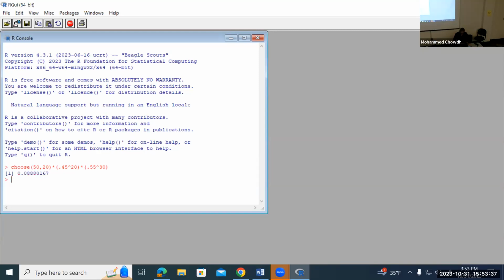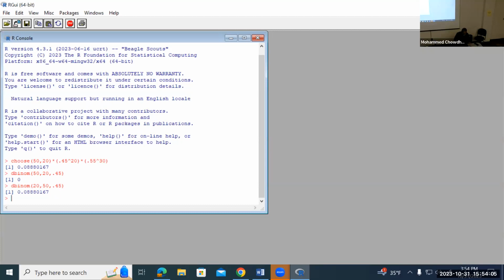Now I want to use pbinom, qbinom, dbinom, with 50 choose 20 and 0.45. I want to see who can find this result. This is 0.0880. This is what I got using R.